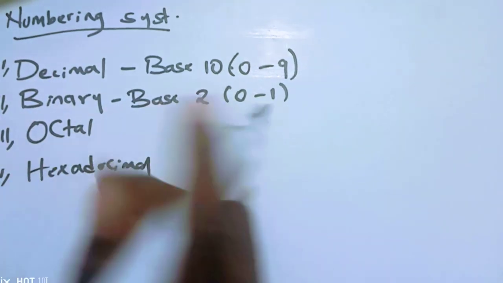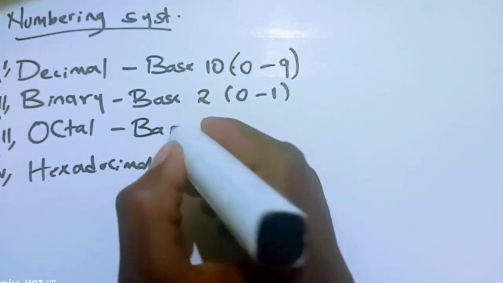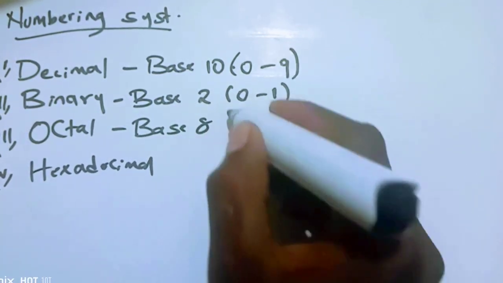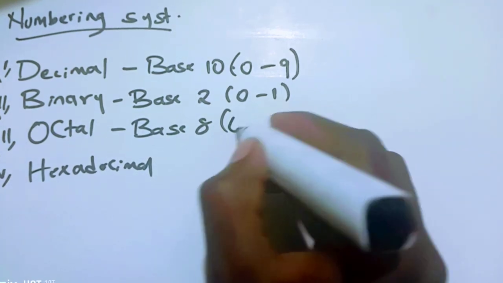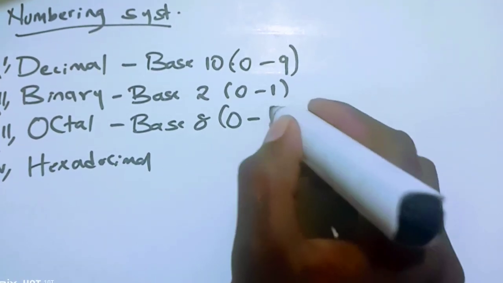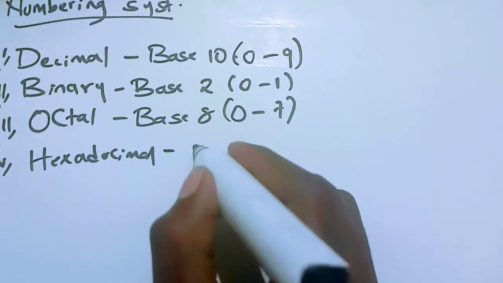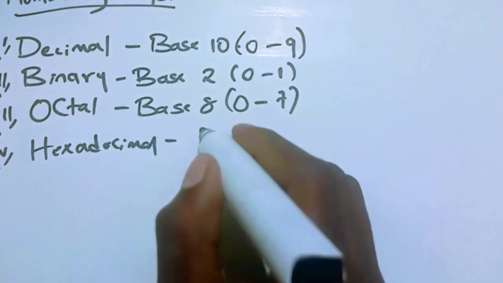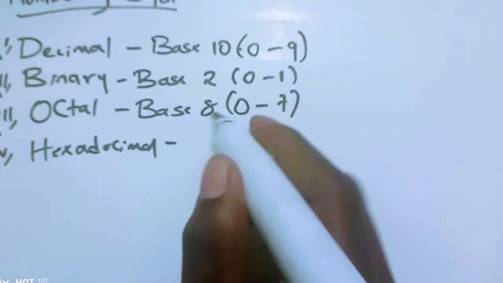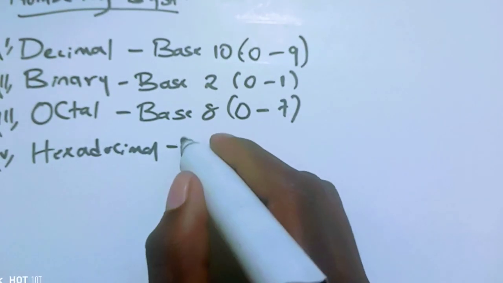Now, when it comes to octal, octal has a base of 8. That simply means when you count the octal digits, it ranges from 0 to 7. And winding up on the list is the hexadecimal, which is the biggest and is the most commonly used in digital systems when it comes to microprocessors, ICs, and programming languages.